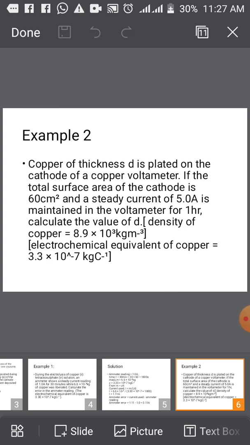Example 2. Copper of thickness D is plated on the cathode of a copper voltmeter.